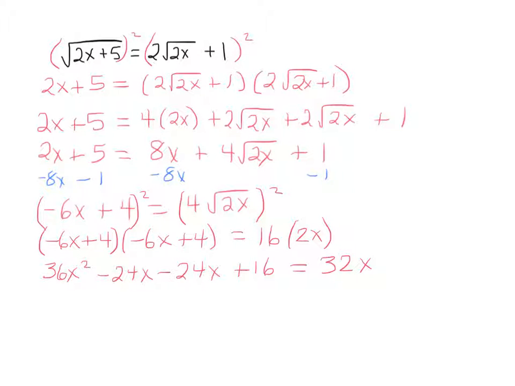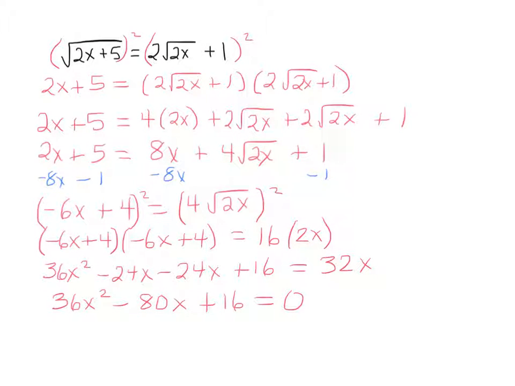So now I will combine all terms and get everything on one side so that we can solve that quadratic. So that's 36x squared minus 80x. That's the -24x, the -24x, and I subtracted 32x. And then plus 16 equals 0.